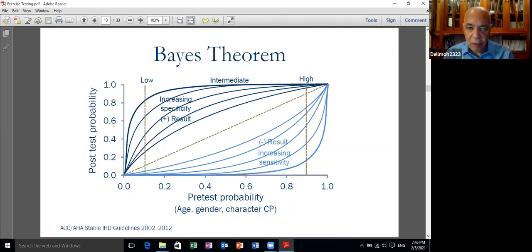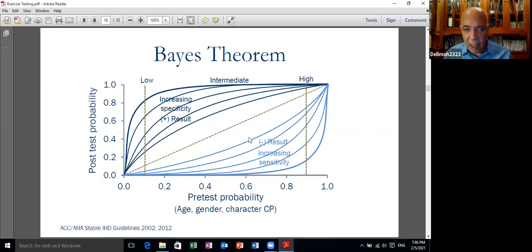So if you look at the line of identity between the pre-test probability and the post-test probability, in this area, which is an intermediate pre-test probability, which is defined in this particular test between 10% and 90%. This is not the definition in other situations, but in this particular test, it's defined between 10 and 90%.